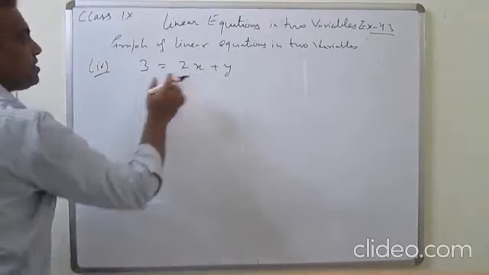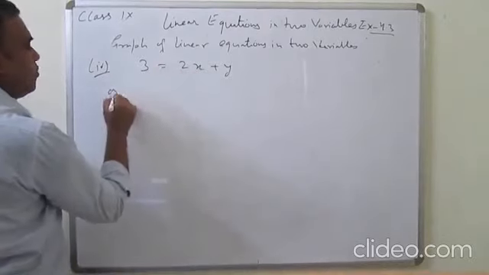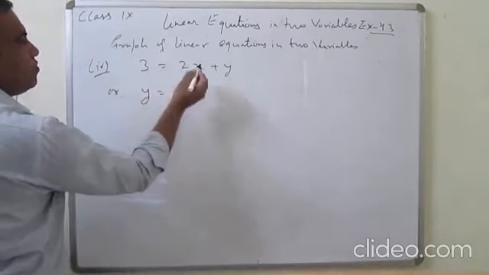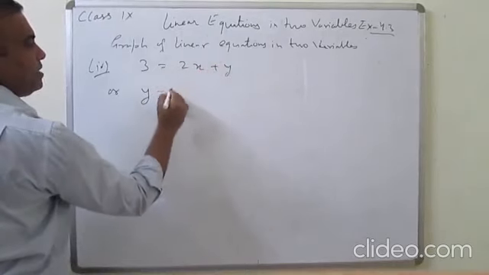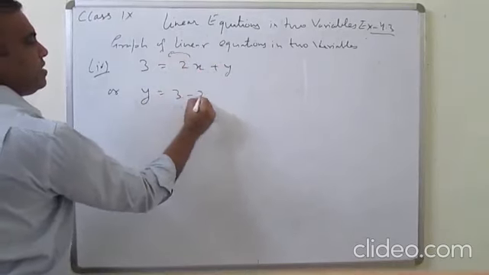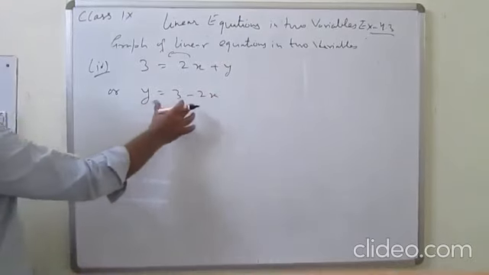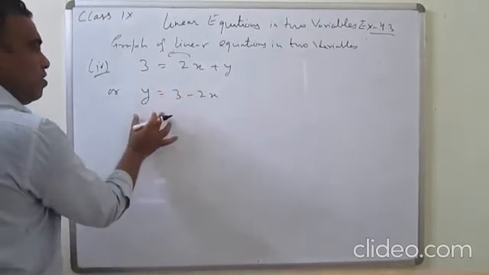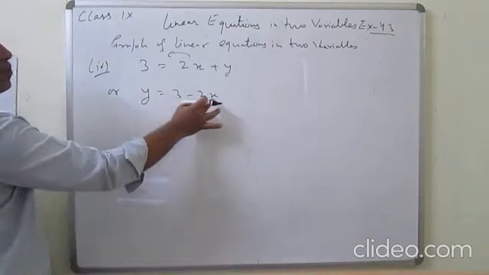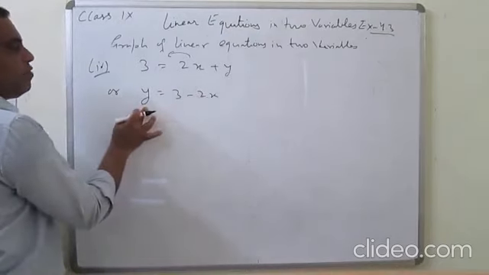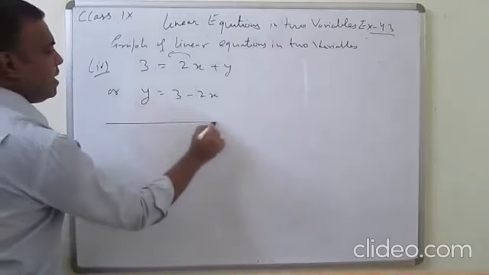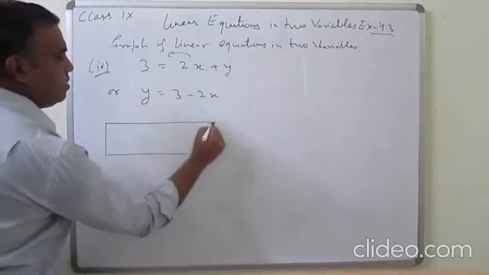So you can write y is equal to 3 minus 2x. Why am I doing this? To calculate the value of y, it is easy for me. If I put the value of x here, we can calculate the value of y. Make a table for x, y.